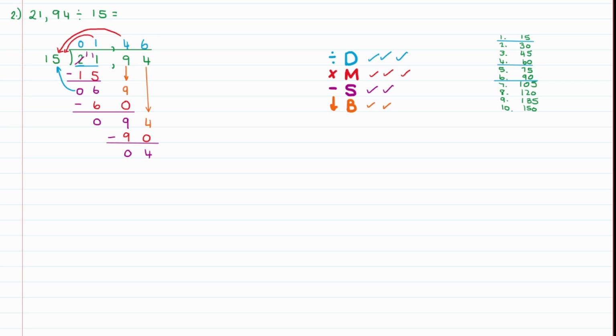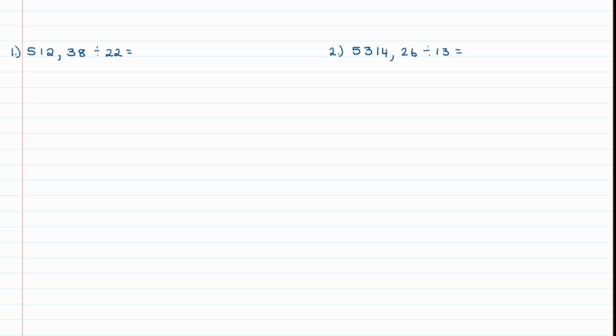I no longer have any digits left to bring down, so this means that I'm at the end of my process. It also means that because I have ended with a 4 at the bottom, this is my remainder. So my answer is 1,46 remainder 4. Pause the video and try these two questions on your own.